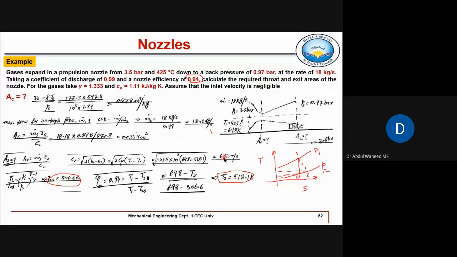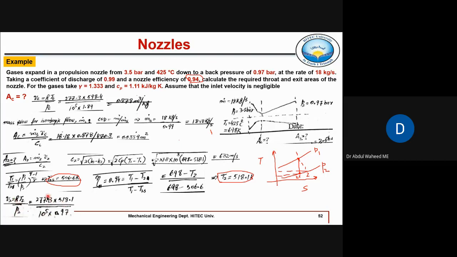Right, so now C2 is known. Next, we need to calculate V2. So for V2, we know this equation for ideal gas. So V2 is equal to RT2 over P2. So just values put करते हैं, R हमने already find कर लिया था using this gamma and Cp. So just by putting values here, you have to be careful.